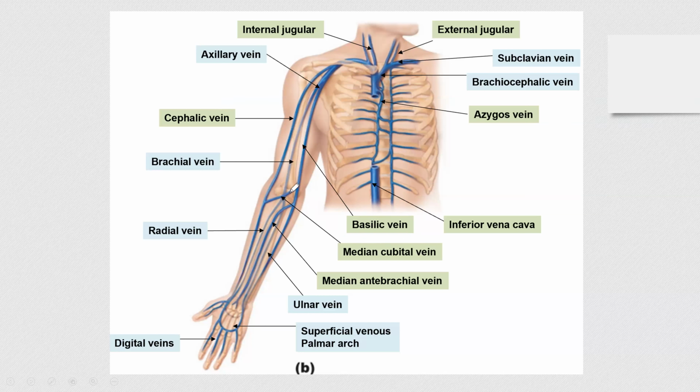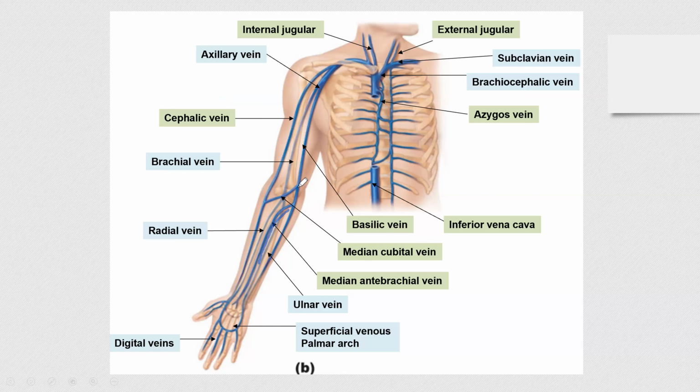Basilic and cephalic veins actually have an anastomosis over here, or connection, and this is called the median cubital vein. And this vein, another superficial vein over here, is the median antebrachial vein. So this is the antecubital region, remember, and this is the cubital vein. This is the antebrachial region, and this is the antebrachial vein.